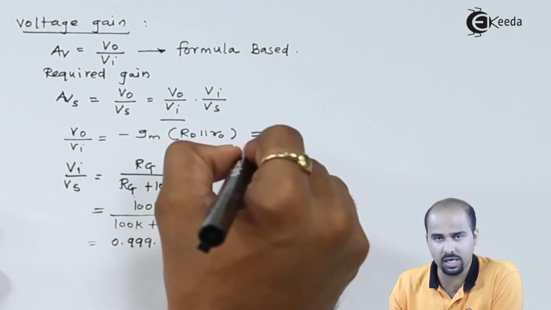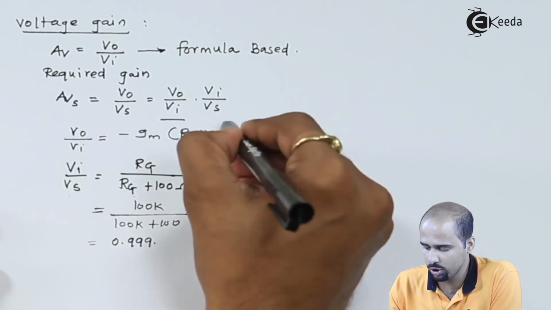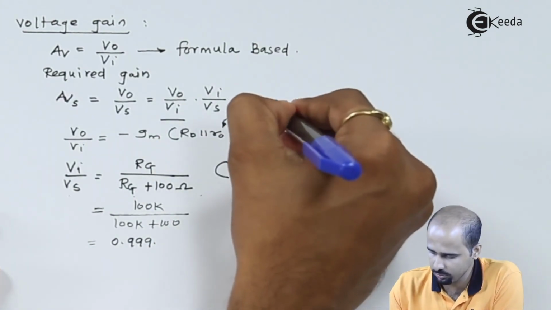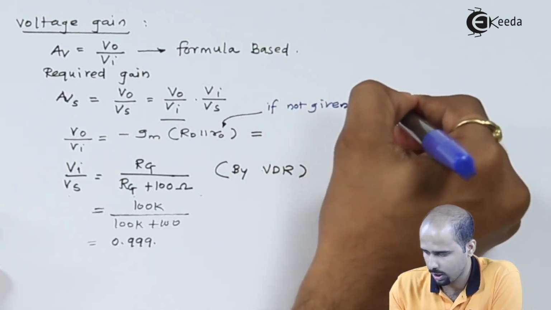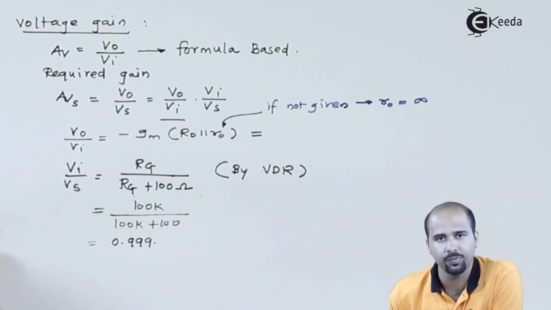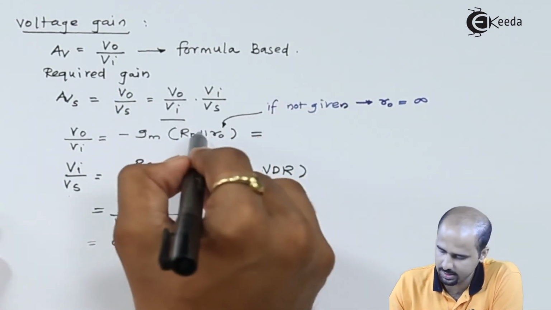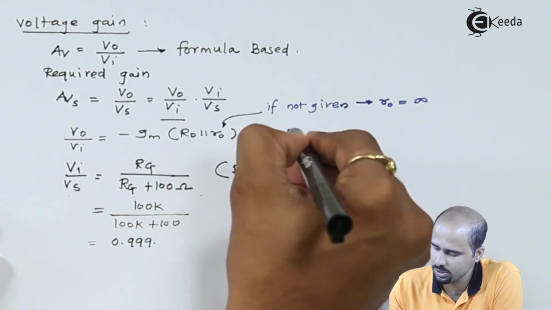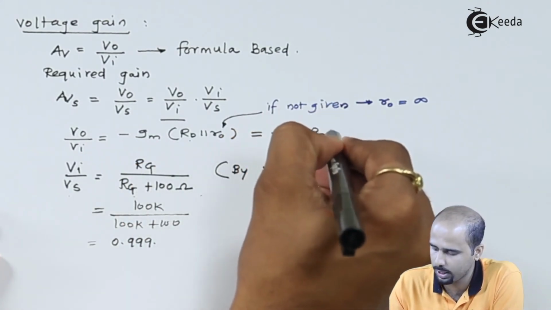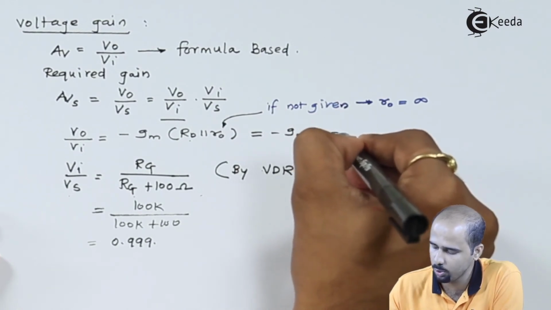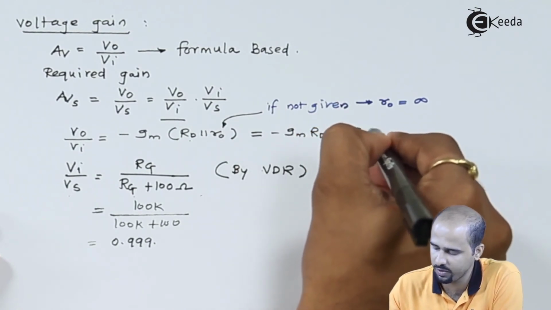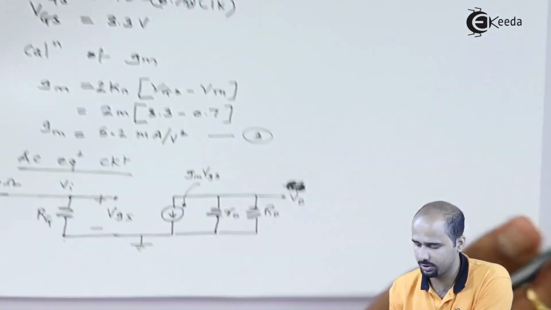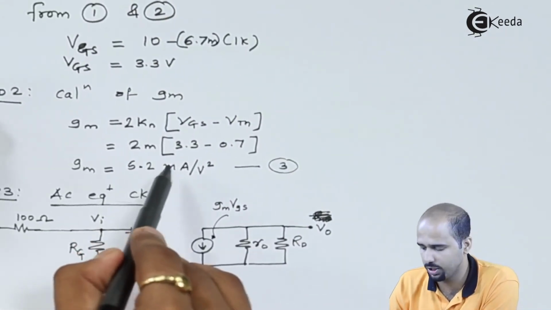If RO is not given, we say RO becomes infinity. If RO is equal to infinity, then RD parallel RO becomes RD only, right? So this becomes minus GM into RD. GM we have already calculated, 5.2 milli, something like that, right?